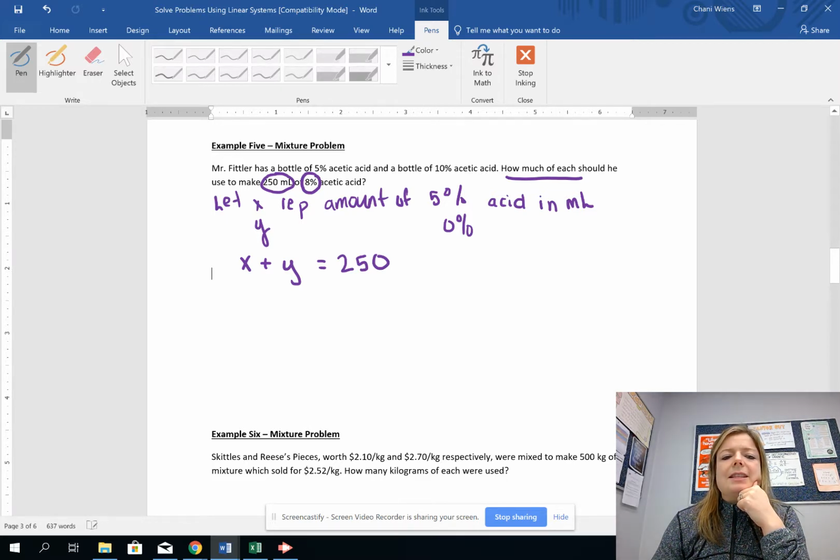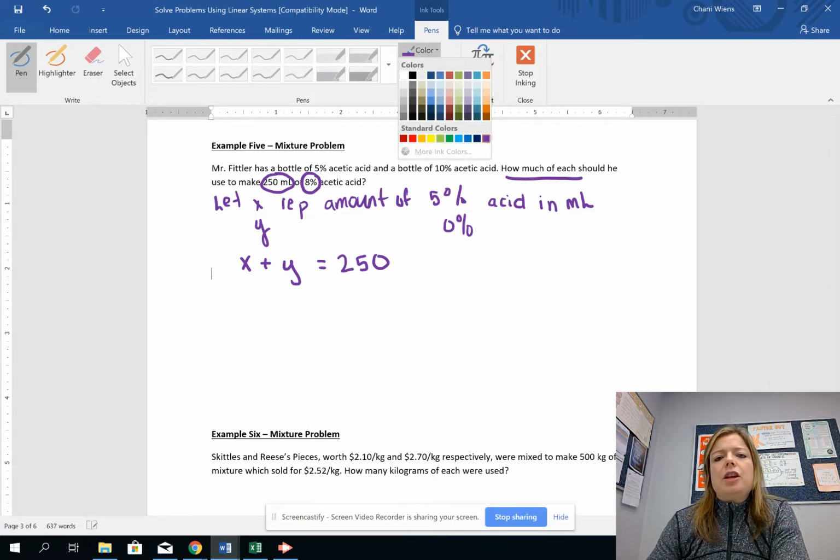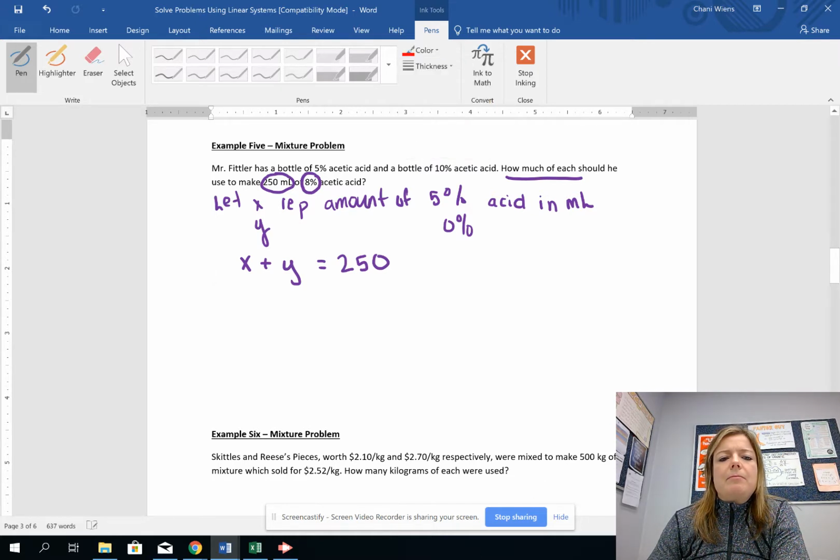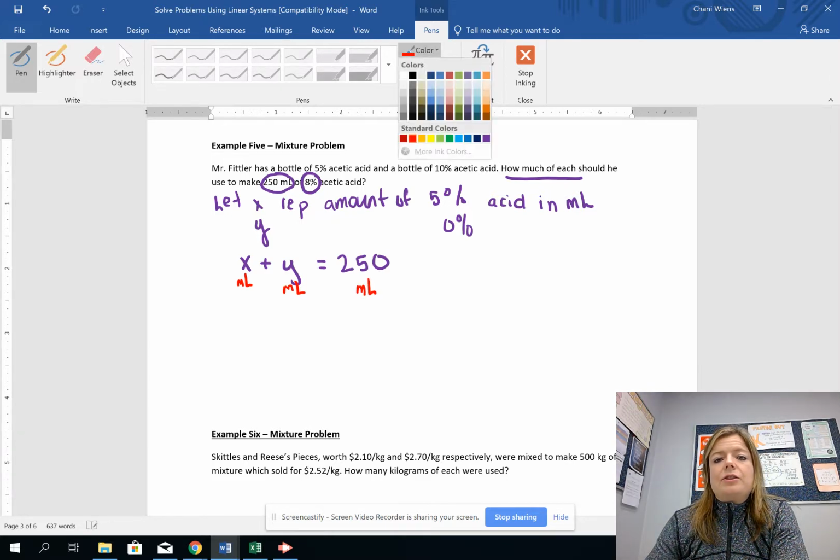So it makes sense that we have milliliters plus milliliters equaling milliliters. You might even want to write that underneath. The units should match.